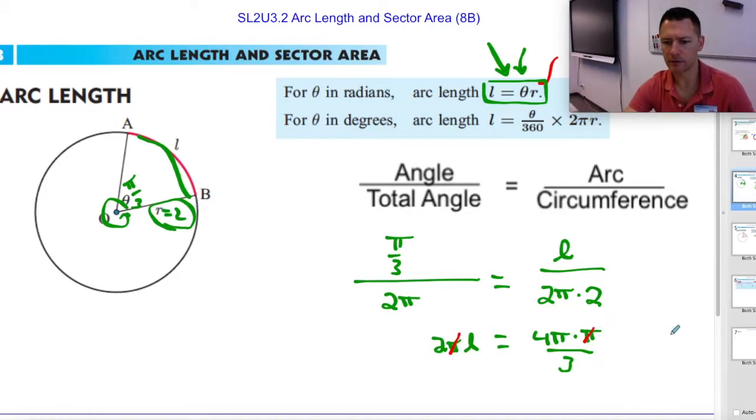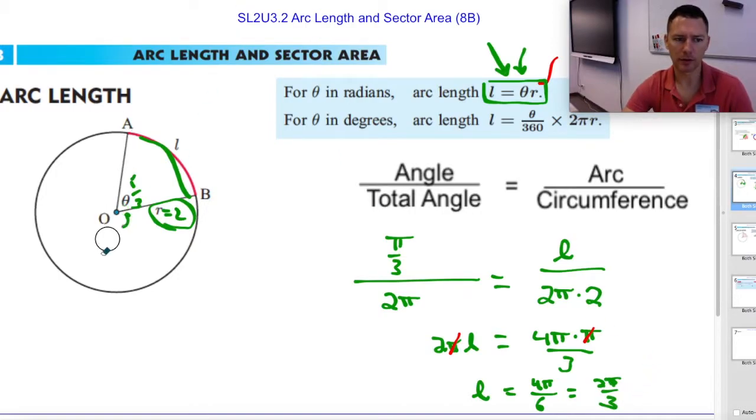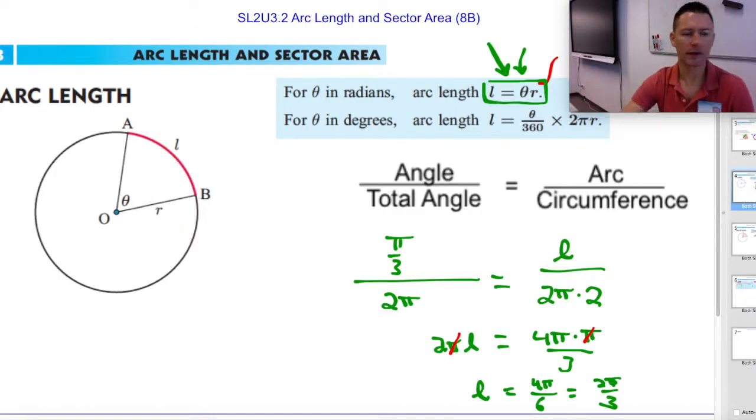There's 2 pi's there, so they cancel out, and then divide by 2. So L ends up being 4 pi over 6 when you multiply by the denominator. If you're not sure about the fractions, come see me. And that becomes 2 pi thirds. Cool? I know it's a little bit longer, but it's not that much longer.